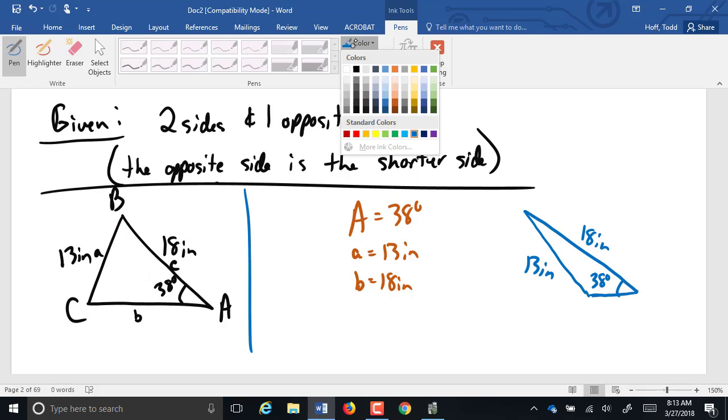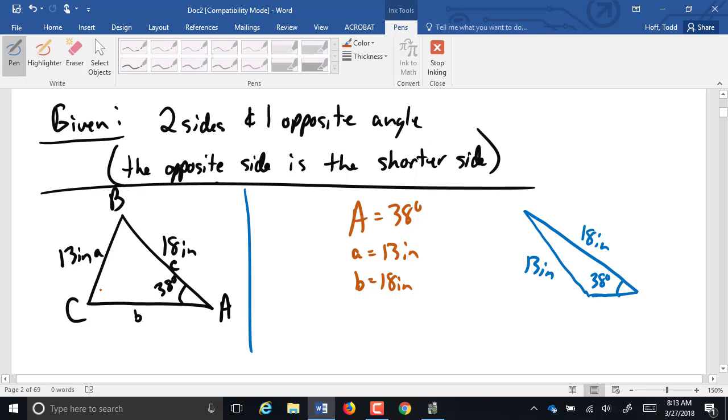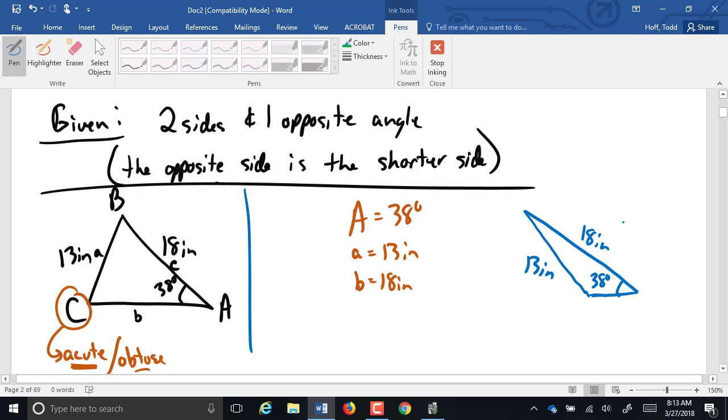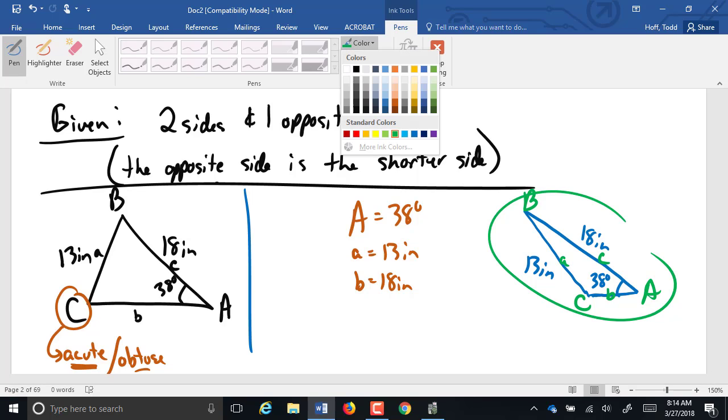I need to know whether angle C is acute or obtuse. In the black triangle here, I drew it as acute. In the blue triangle, I drew it as obtuse. What if I tell you that it's obtuse? How do I find that angle?